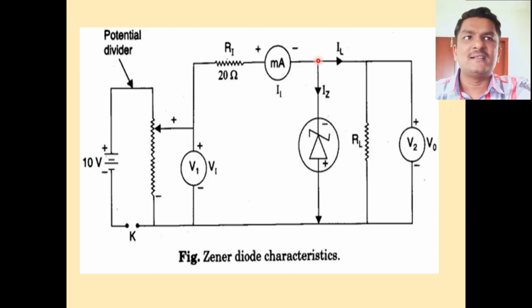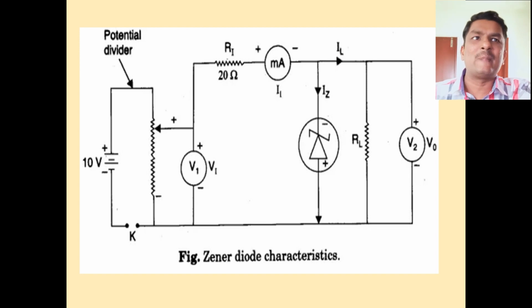Here the current II is divided into two parts, IZ and IL. So here we can apply Kirchhoff's current law. Total current II equals IZ plus IL. IL is the current passing through the load resistance.